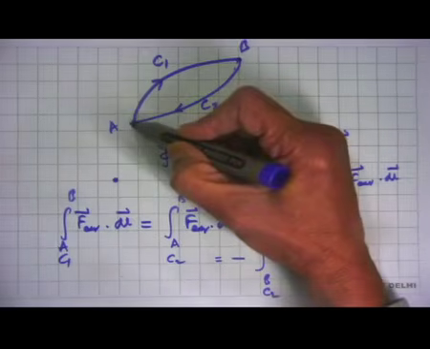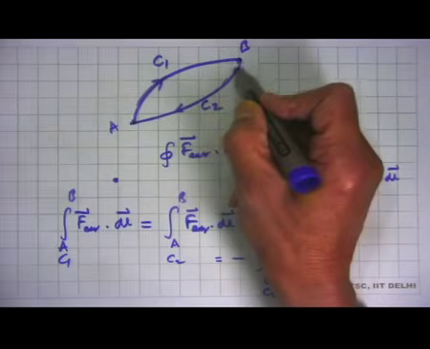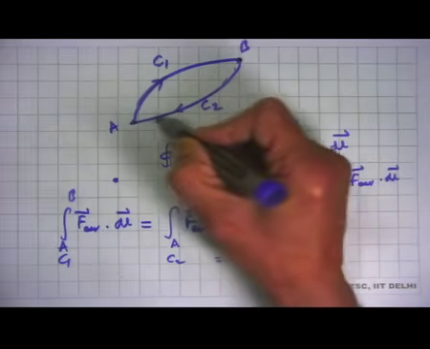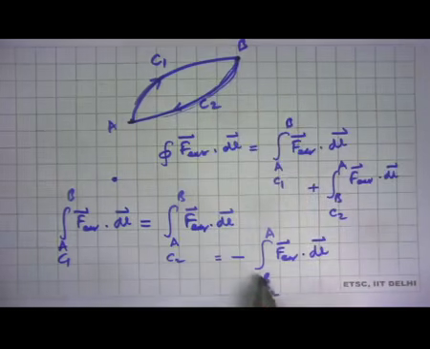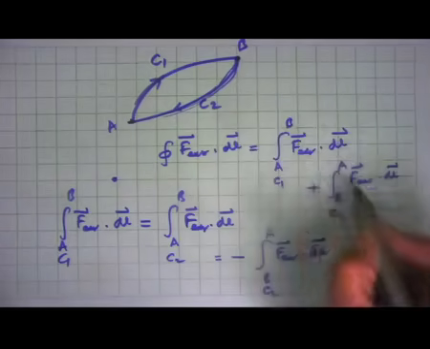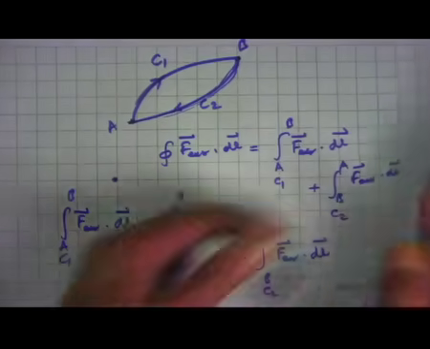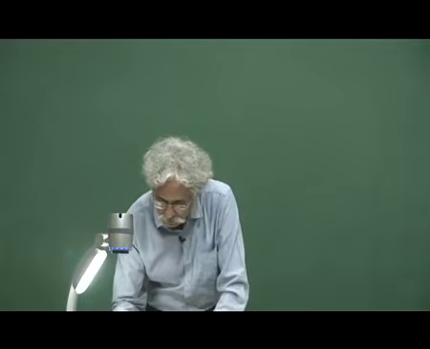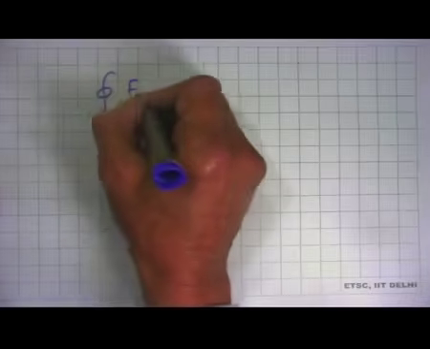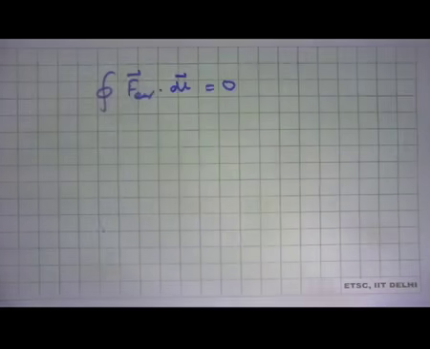So, the work done in going from here to here is the same as the work done in going from here to here along this path. The work done in going from A to B is the negative of the work done in going from B to A, that is what this says. So, these two are equal and of opposite sign, which gives me a very important expression: the integral of F external dot dl is equal to 0.